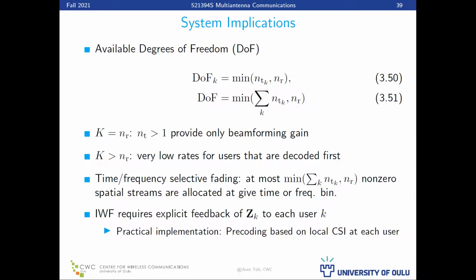Or if you think about the water filling algorithm, when we optimize the transmit covariance, assume that this transmit covariance matrix optimization happens at the user, right? So the user has knowledge of HK from the downlink pilots, but no information about ZK, because that ZK is the interference covariance matrix measured at the base station, right?